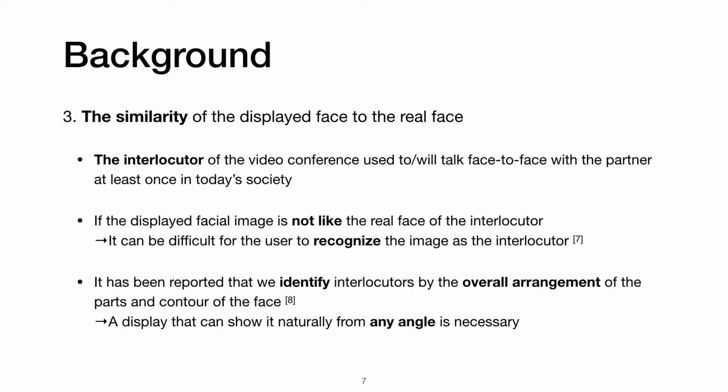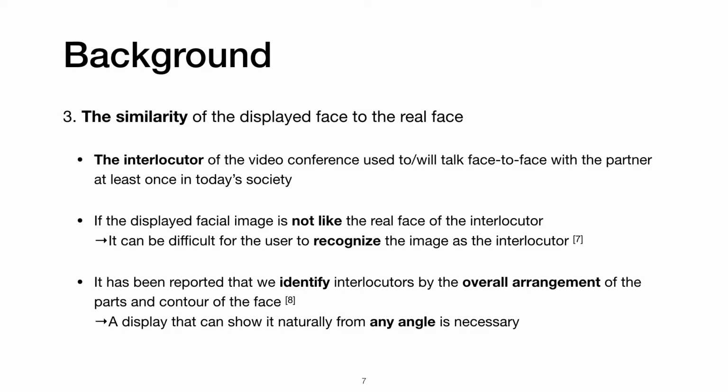And we also believe that the similarity of the display face to the real face is needed. The interlocutor of the video conference system used to talk, or will talk, face to face with the person at least once. So if the displayed facial image is not like the real face, which was seen before, it can be difficult for users to recognize the image as the interlocutor.